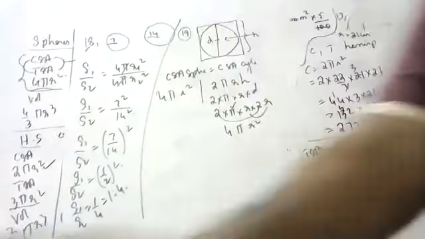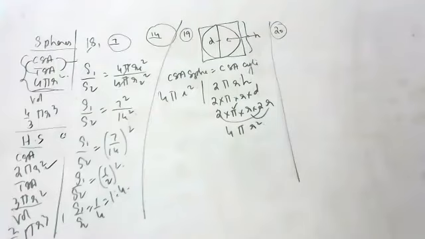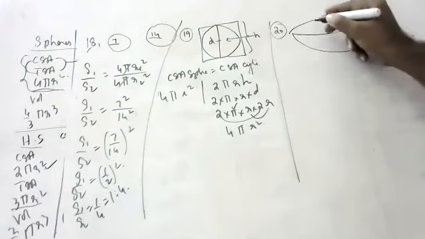Next. Raghuram, are you there? Yes. 20th question. A hemispherical bowl is made up of a material 0.25 centimeters thick. See, hemispherical bowl is there.